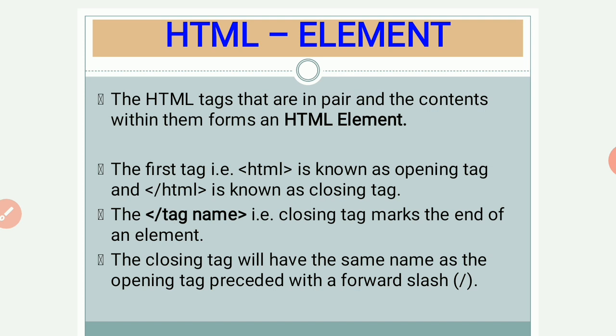The slash and the tag name is known as the closing tag, and it marks the end of an element or tag. The closing tag will have the same name as the opening tag preceded with a forward slash. It means the opening and the closing tag will have the same name.